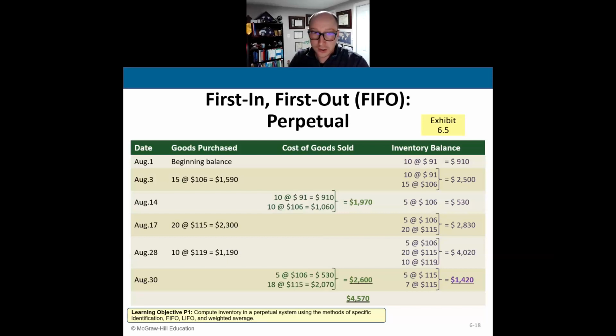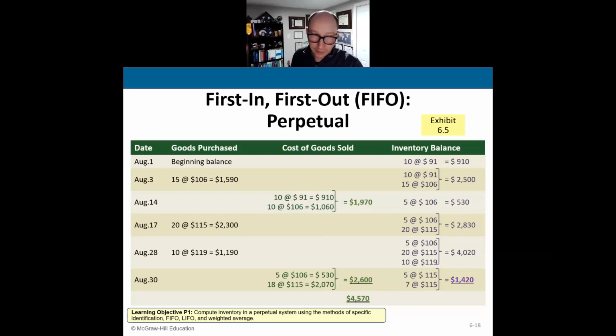Then on August 30, I sold, I forgot how many it was. I think it was like 25 bicycles, right? Or not quite, it's 20 something, I forget. So what do I do? I got to sell the first ones first. I had the 5 remaining from August 14. I'm going to sell them first.